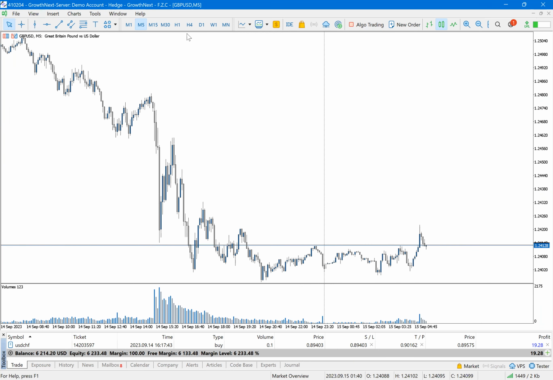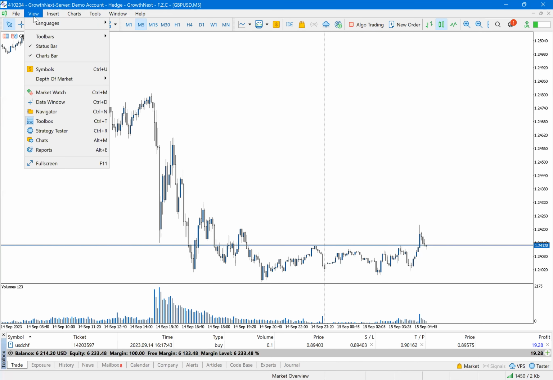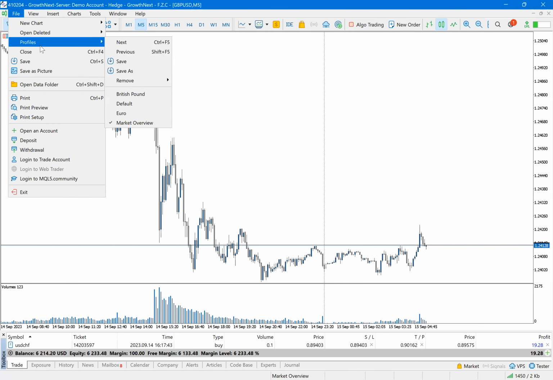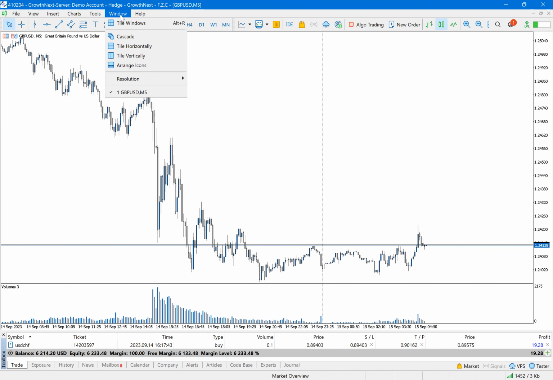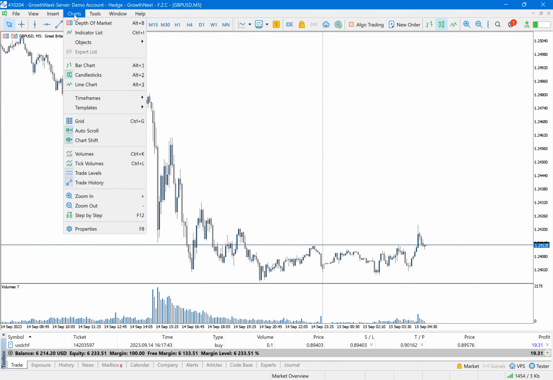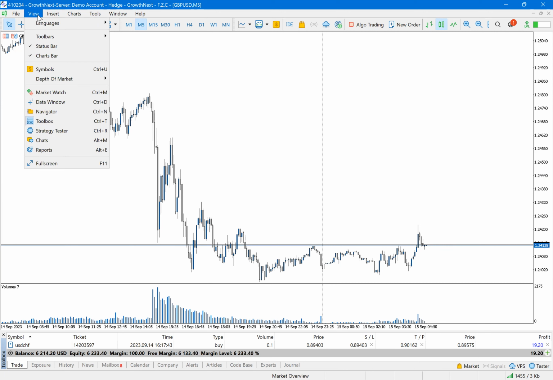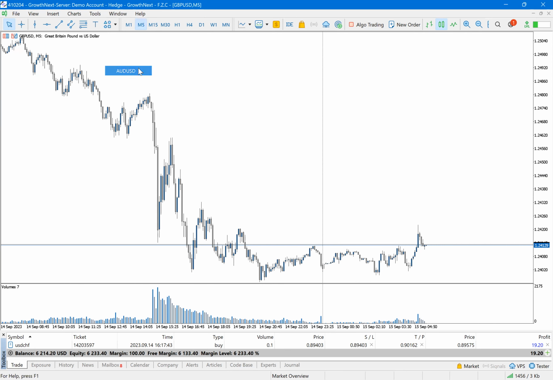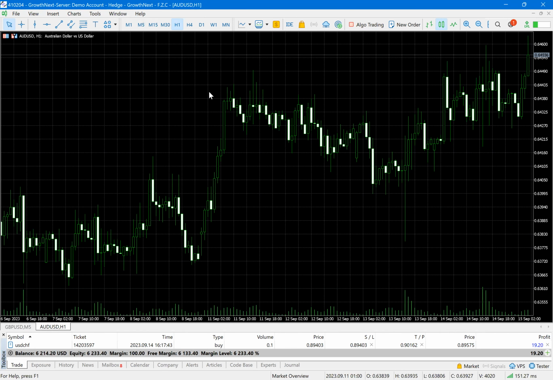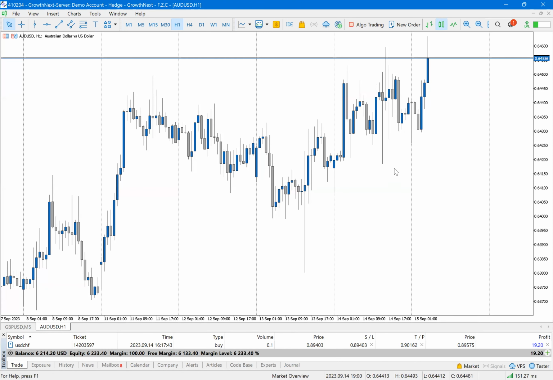I'm still a little bit new to the MetaTrader on the desktop, but let's pull up a chart here. Let me remember how to do that real quick. Window, new chart, AUD USD. Let me go templates, and we're going to go 1 hour.